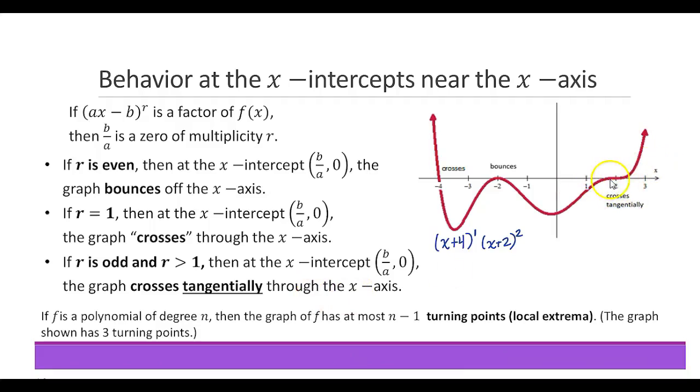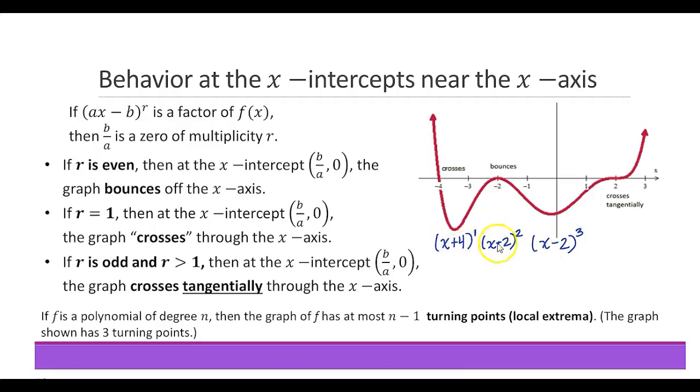So this 0, 2, had to have come from the factor x minus 2. That's how you'd get positive 2 as a 0. Because it flattens out, it's crossing tangentially, the multiplicity would have to be an odd number greater than 1. So let's just go ahead and make it 3.